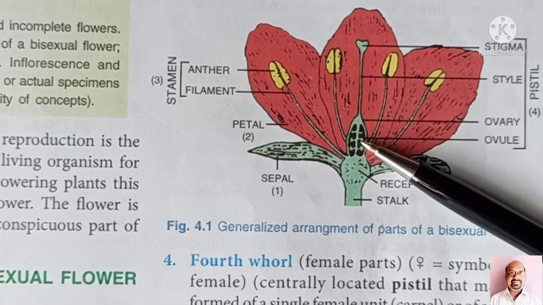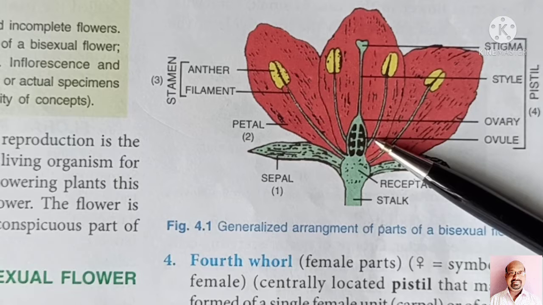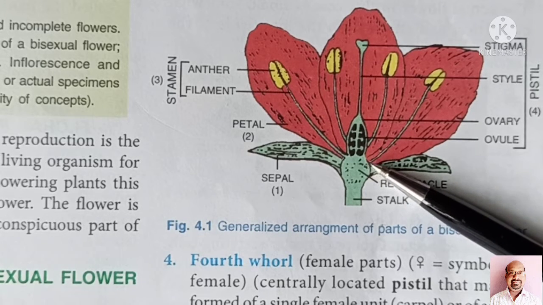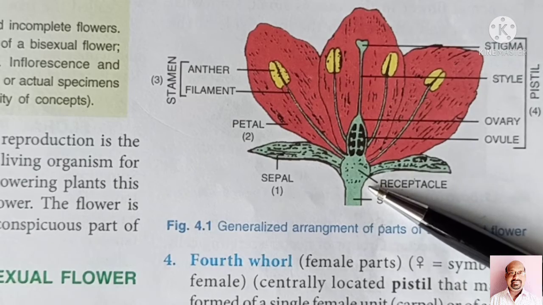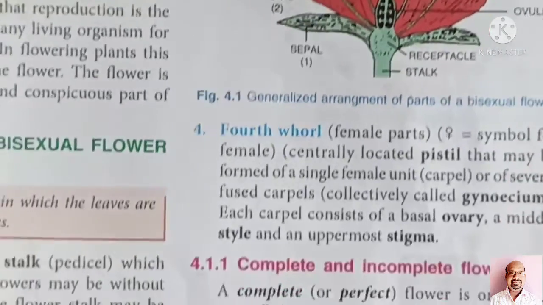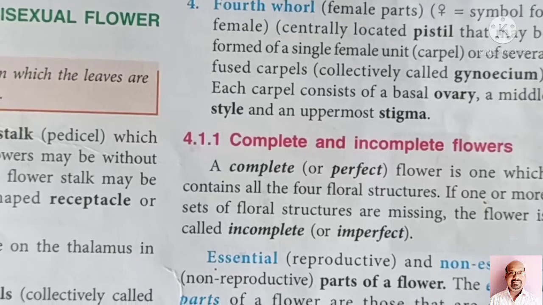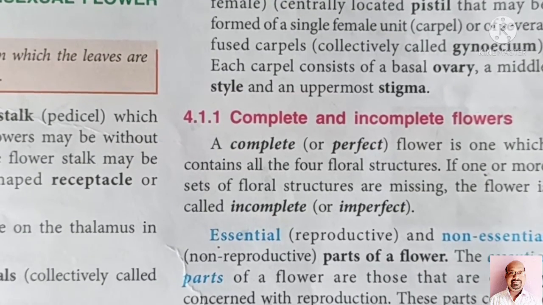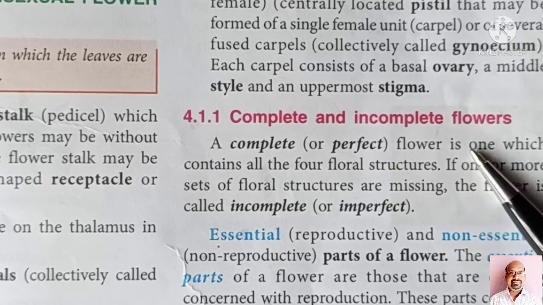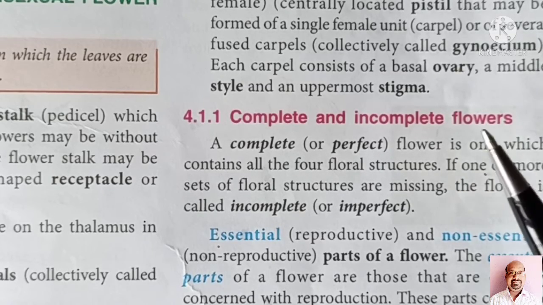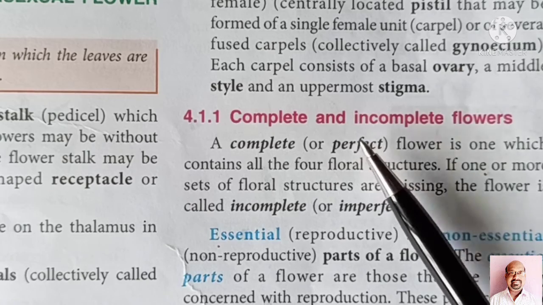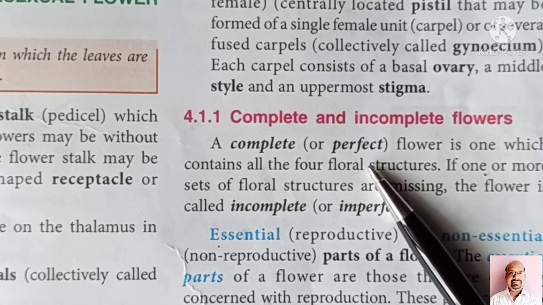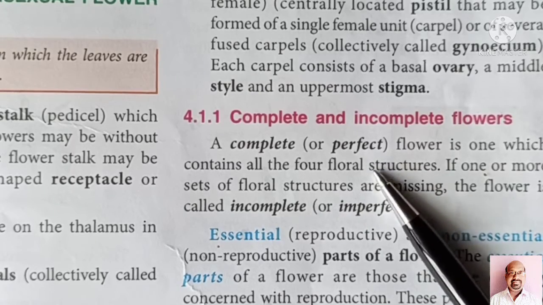Now we understood there are 4 different whorls in a flower, which means a flower has 4 floral structures. Out of these 4 floral structures, some are essential and some are non-essential. On the basis of presence of all the 4 structures or absence of one or more floral structures, flowers are of 2 different types.